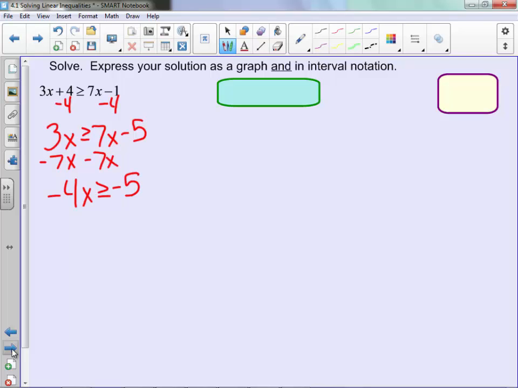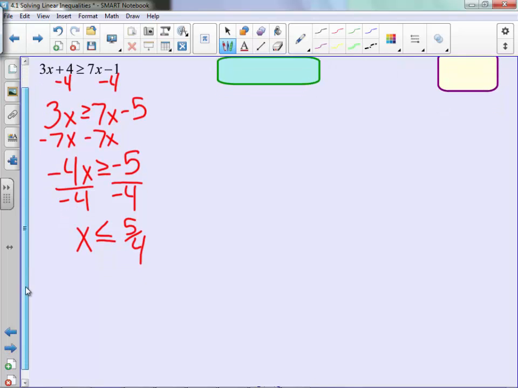Notice we only added and subtracted, so our sign doesn't flip. But now we are dividing by a negative, so our inequality is actually going to switch. So we have now solved it.